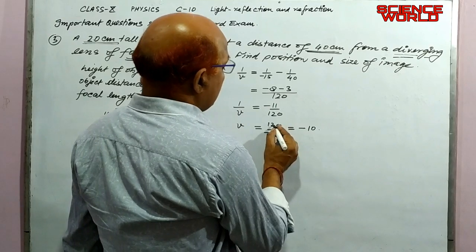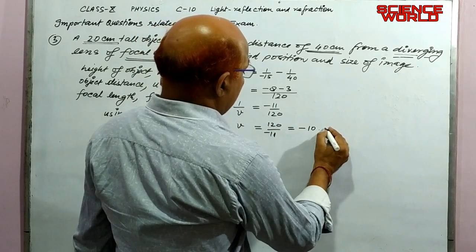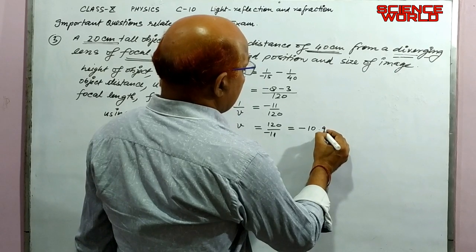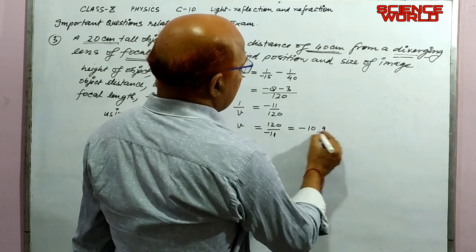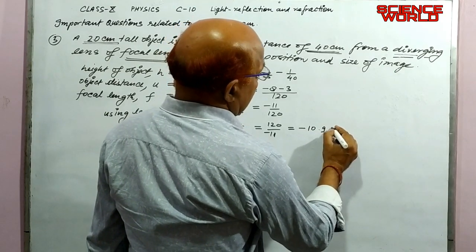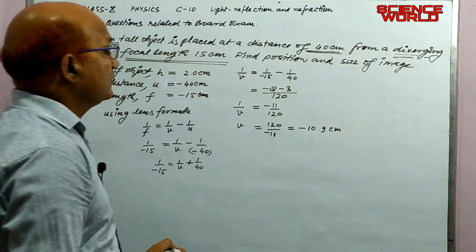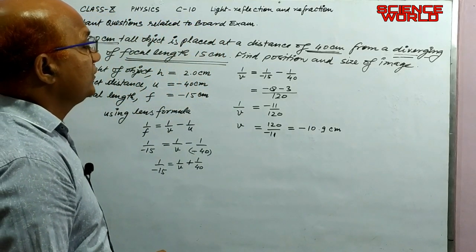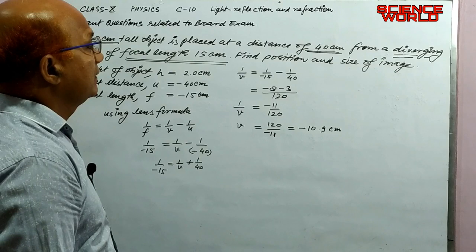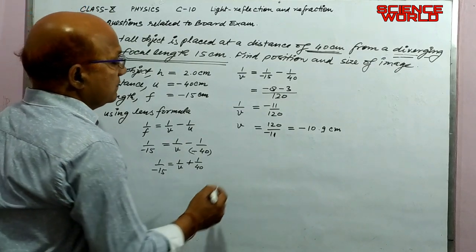Now, this is 100, 11 nines are 99, this is approximately 10.9 centimeter. This is position of the image.